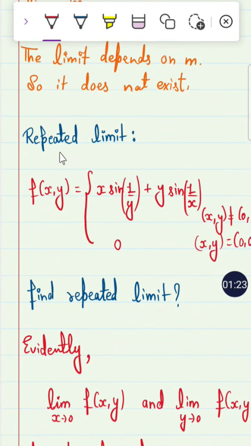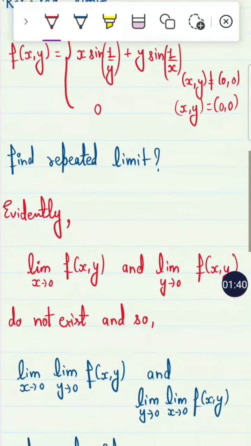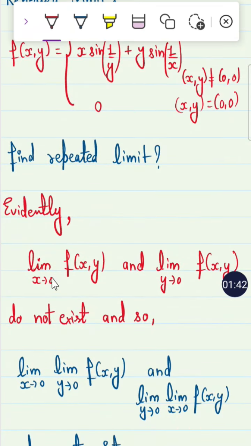Now the repeated limit. What is the meaning of repeated limit? If we have to find out the limit of two variables, then firstly we take one variable to one limit and then the second variable to one limit. Find out what is the limit of this. We know the limit as x tends to 0 of the function does not exist, and as y tends to 0, the function's limit does not exist.